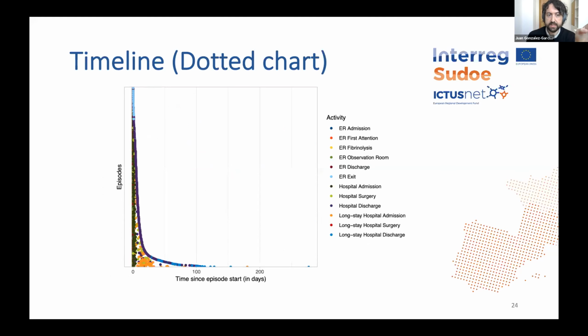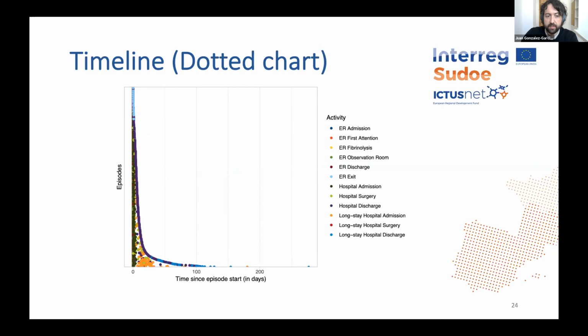So what you can see here is that in the upper part are the shorter episodes, the ones that finish in urgent care. This is why they finish in this light blue color.